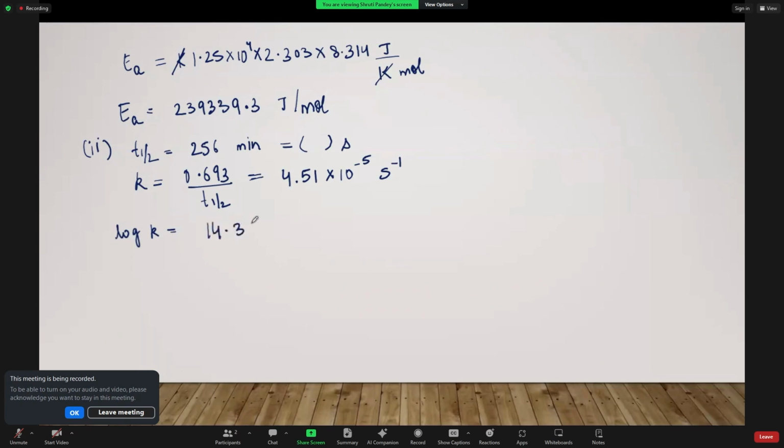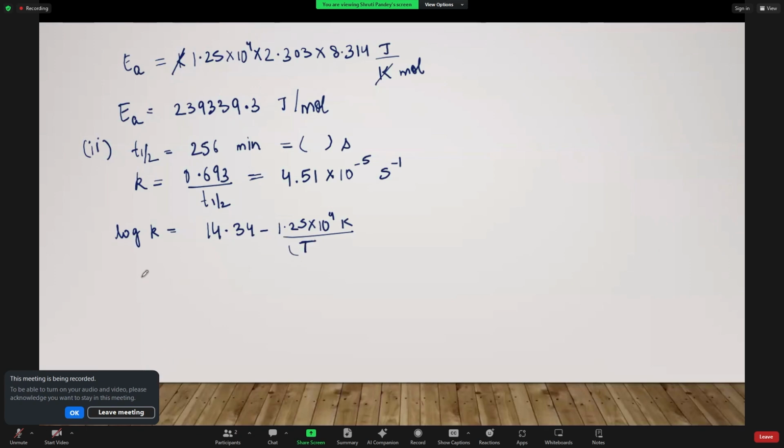The numbers are also calculated, so you don't need to do much calculation here. Log of K equals the given expression, into 10 to the power 4 Kelvin by temperature. This is the equation. You simply put log of this value and find out the value of temperature over here. K is just Kelvin. K is not a constant.